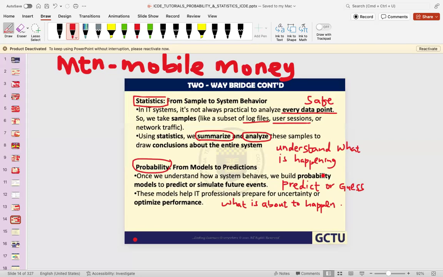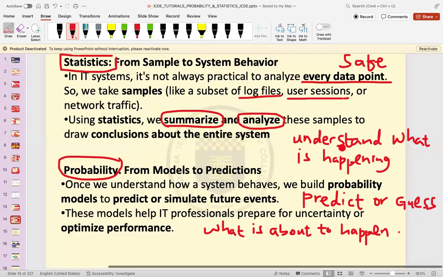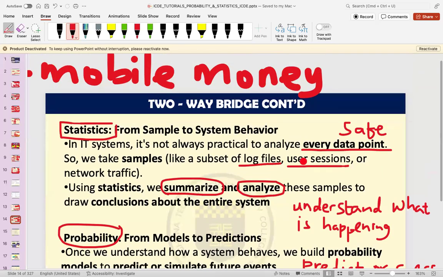So, in conclusion, if you don't understand what the scammers are doing, how do you then predict what they are about to do? So that is where your expertise comes in. First of all, you need to understand how the scammers are able to crack the system, and then predict what they want to do next, so you can always go a step ahead of them.